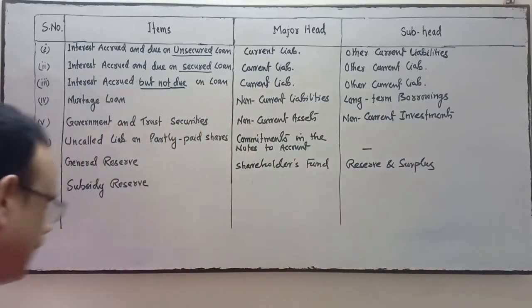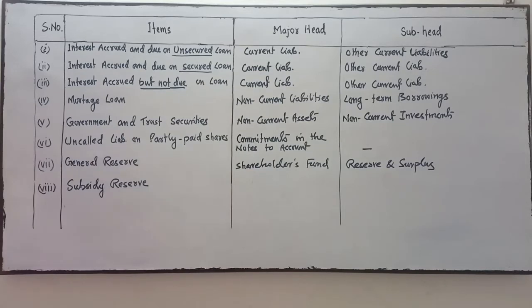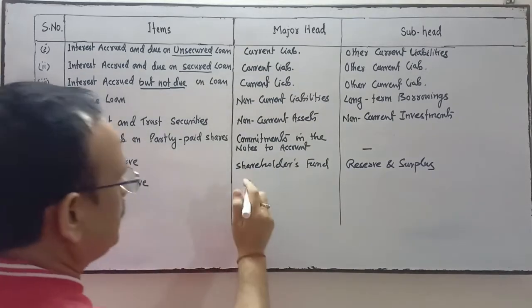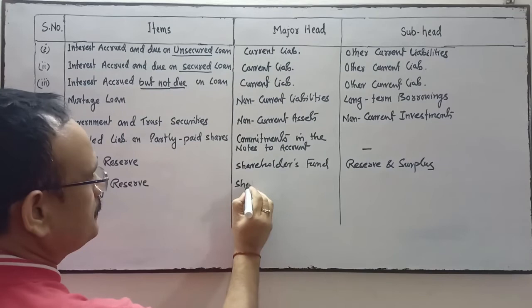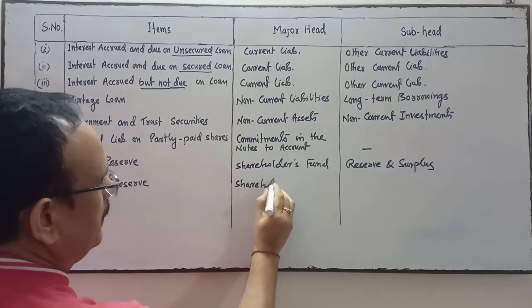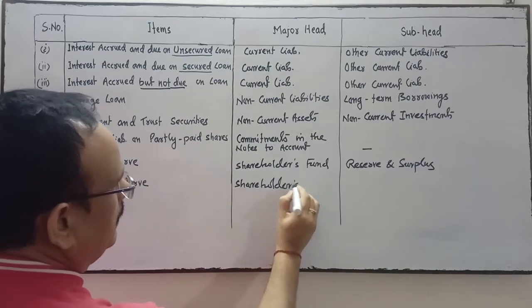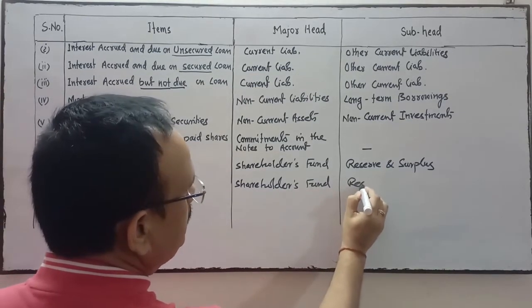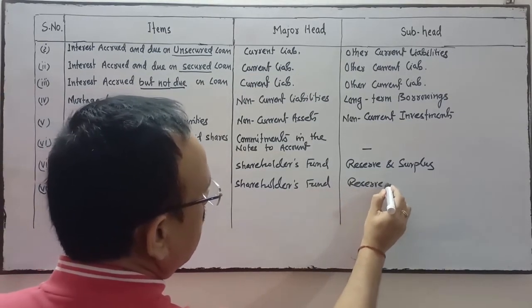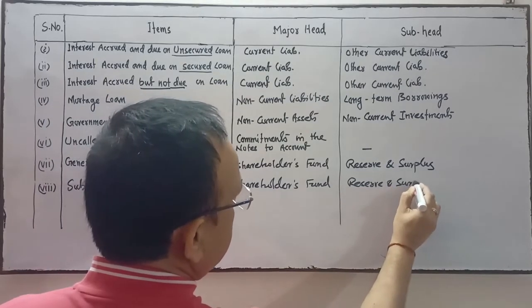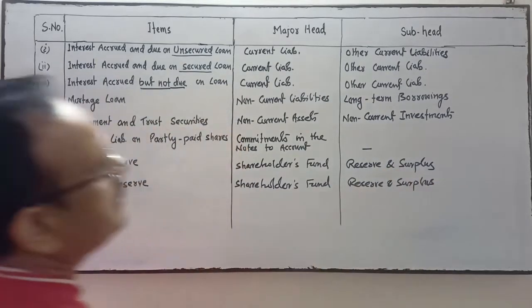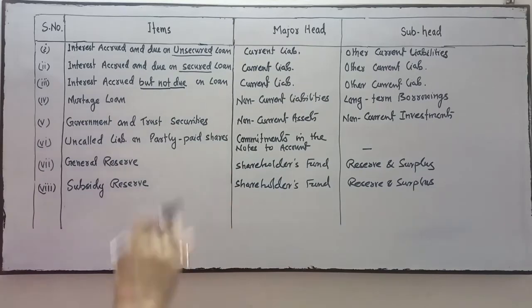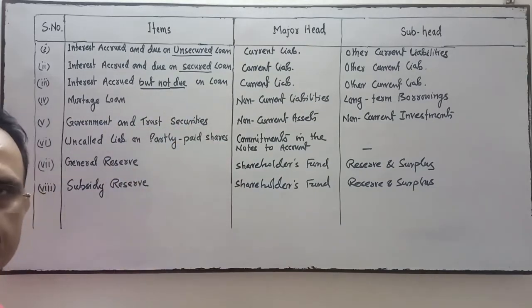Subheading is reserve and surplus. Subsidy reserve also comes under the same shareholders' fund, under the same subheading, reserve and surplus. Is it clear? So this way we will solve the problem.